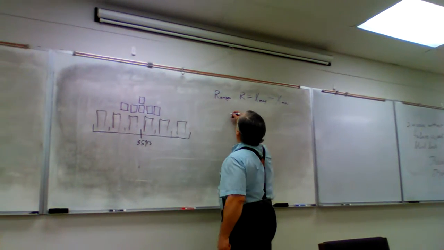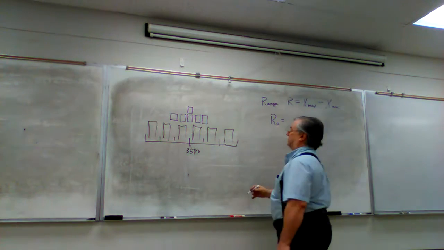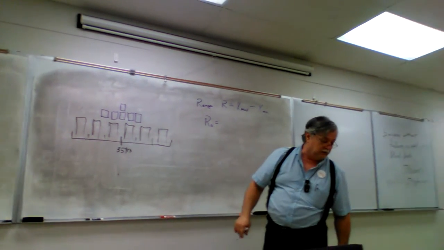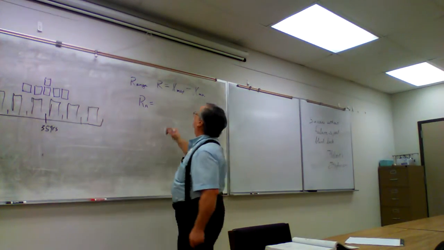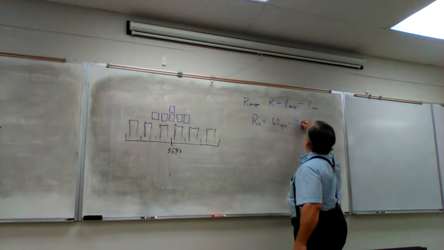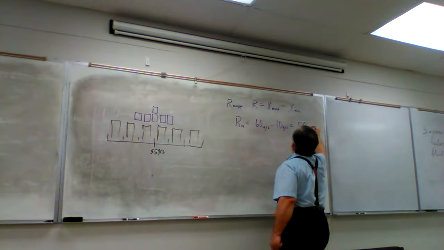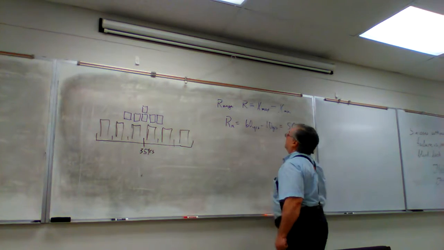So for brand A, it's 60 years minus 10 years, giving it a range of 50 years.